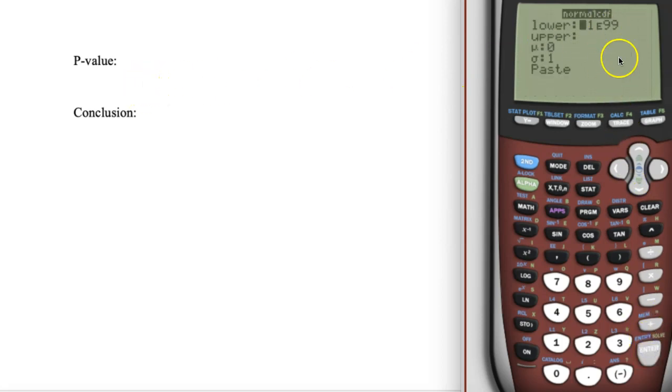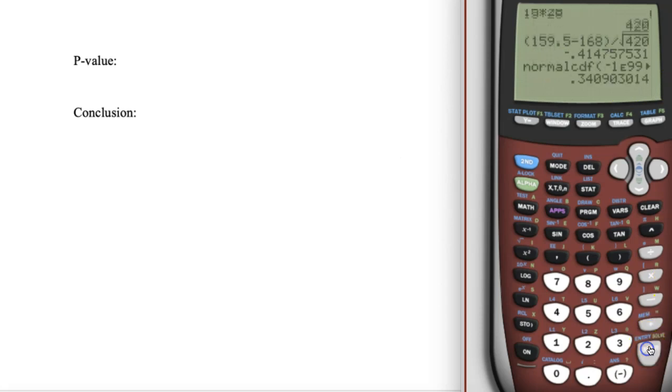And with my lower bound of negative infinity and my upper bound of negative 0.41, and my mean of 0, standard deviation of 1, just to show that it's a normal distribution, I get 0.341.